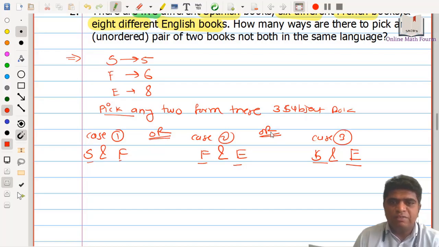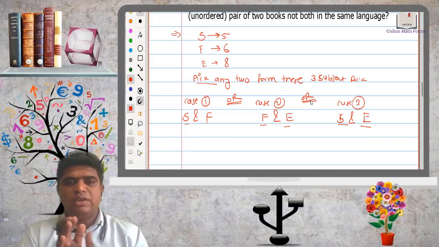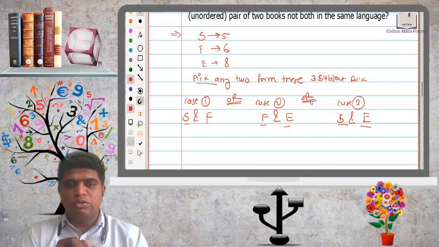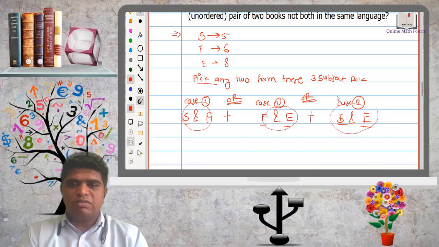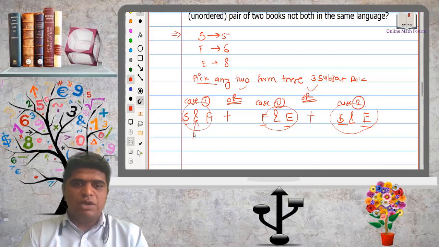Whenever there is an or, we use the addition principle. And when there is an and, we use the multiplication principle. So for the final answer we calculate the number of ways for each case and add them, because of the or. Within each case there is an and, so we use the multiplication principle.